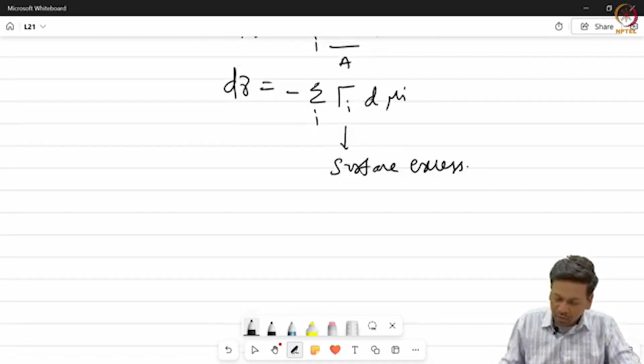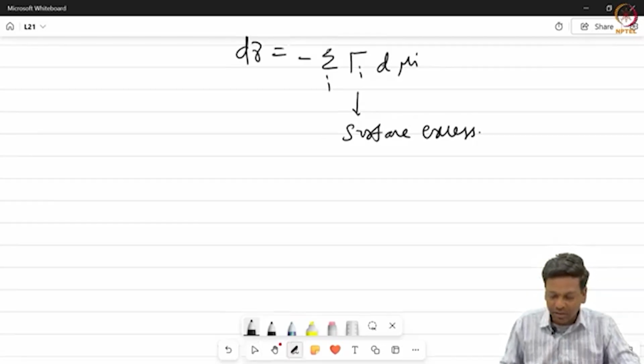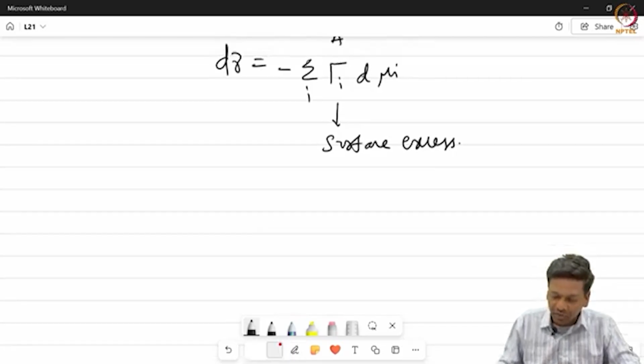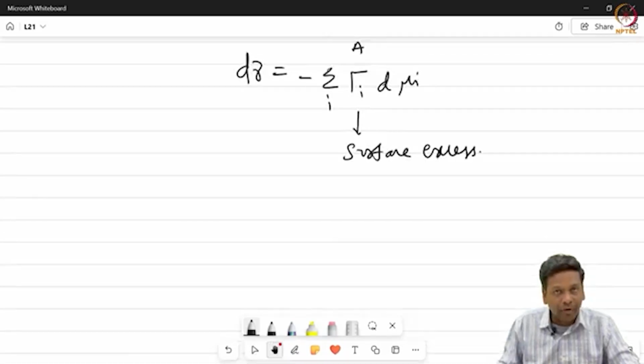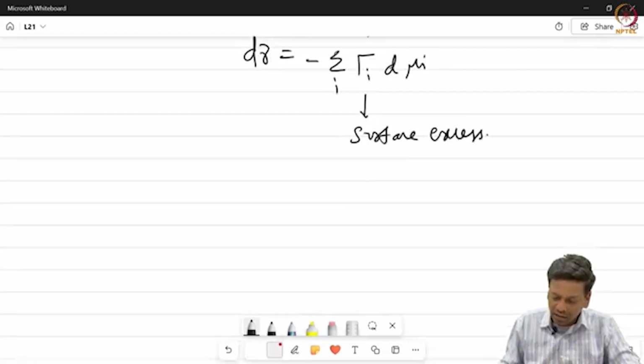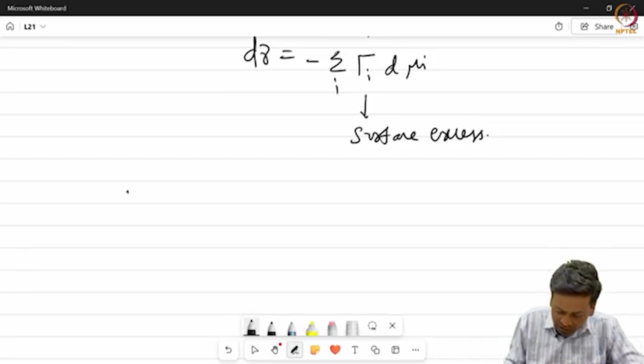So, this is only one part of the equation. Now, what we can do is we can further simplify this equation. Let us assume the case of a binary mixture.